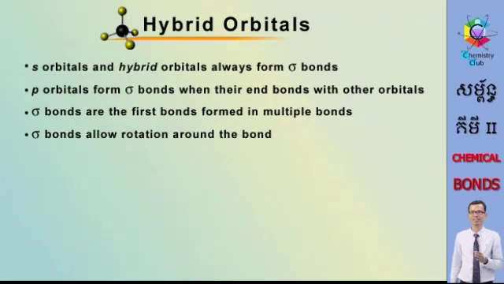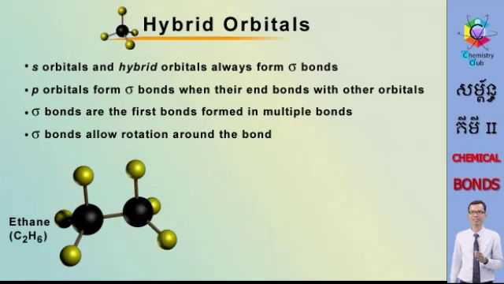Sigma bonds allow for rotation around the bond. To see what this means, look at the ethane molecule. Ethane consists of 2 sp3 hybridized carbon atoms, each bound to 3 hydrogen atoms and 1 carbon atom. In this molecule, the carbon atoms are free to rotate around the bond between them.